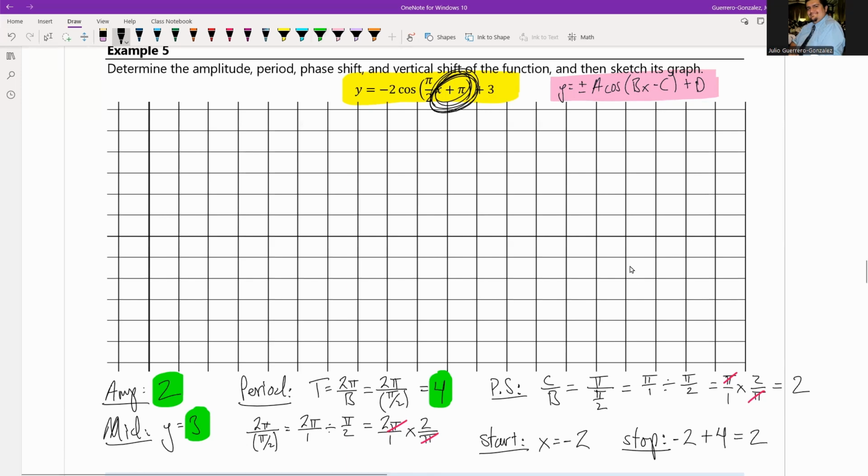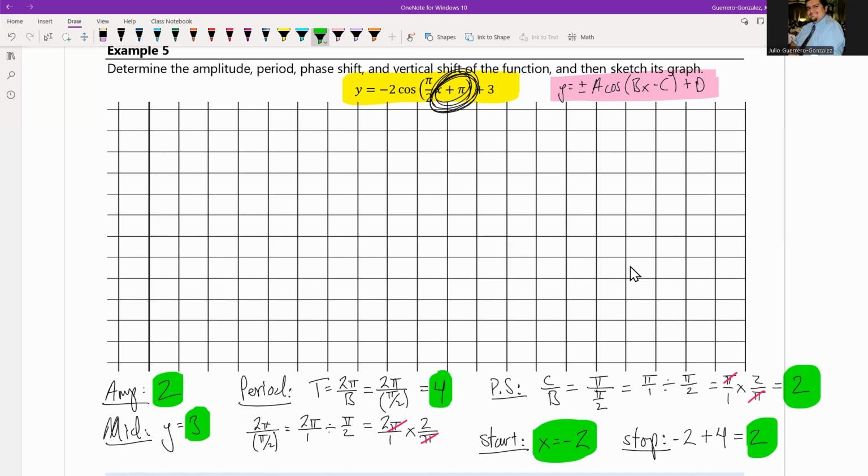So I know my graph is going to be moved to the negatives by 2, which means it's going to start at -2, and then it's going to stop after one period, 4. So it's going to stop at +2.